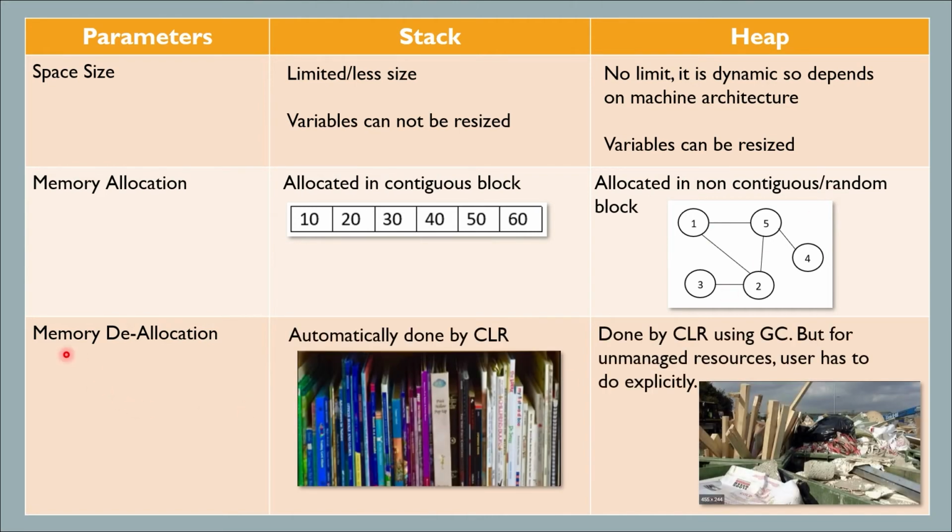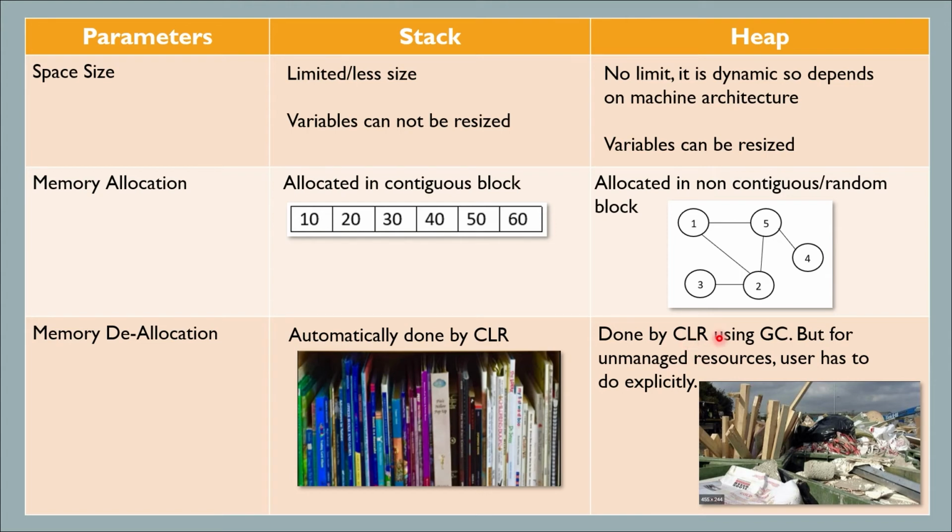The last one is memory deallocation. In stack, it is done automatically by CLR, since it's stored in a linear fashion, so it can be deleted by CLR very easily. In heap, it is also done by CLR. CLR is nothing but the Common Language Runtime.